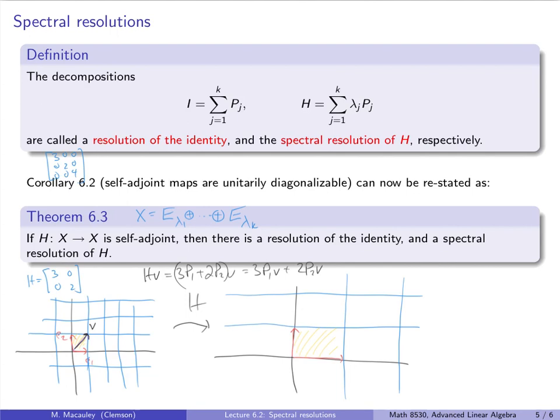Okay, now let me do another matrix. Up here, H equals, this is a matrix I think we had in the previous lecture, 5, -3, -3, 5. And this one, if you remember, had eigenvalues 2 and 8, and eigenvectors (1, 1) and (-1, 1).